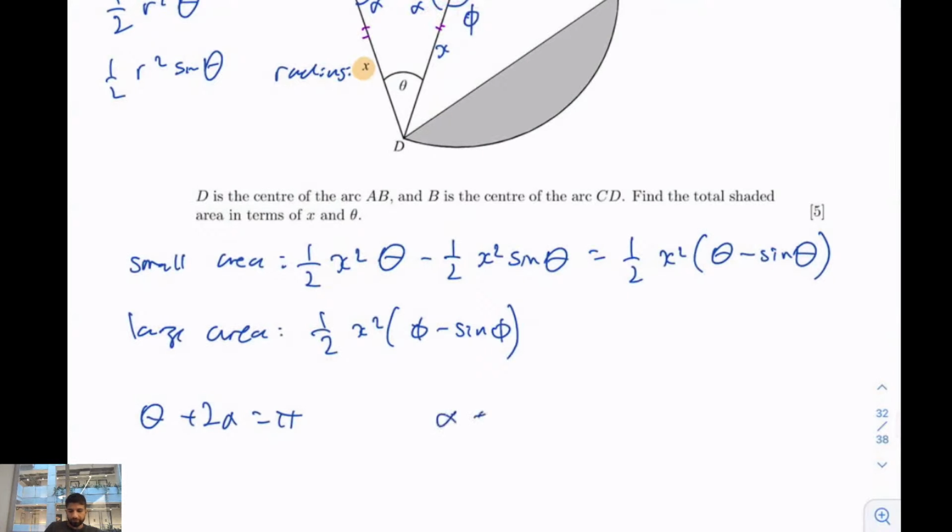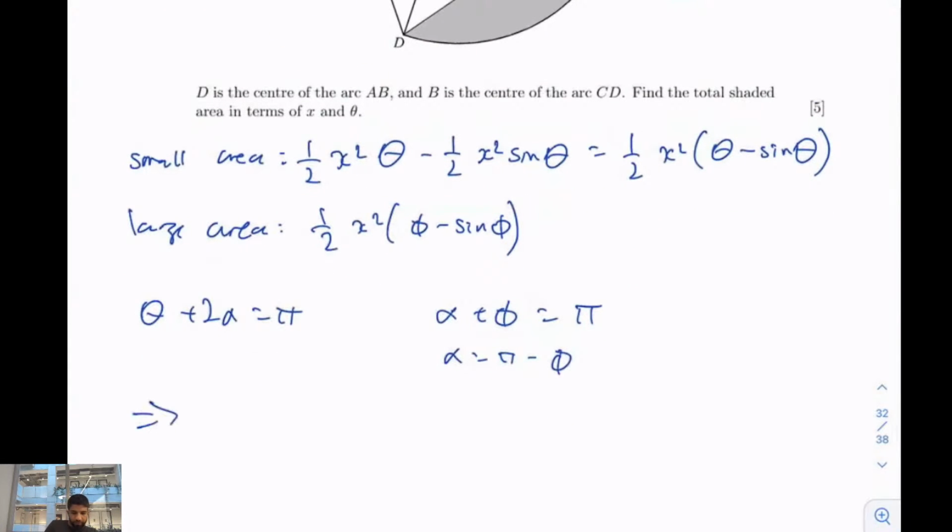So alpha plus phi is equal to pi. So now there is an indirect relation between phi and theta. We can eliminate alpha because alpha is pi minus phi there. So we can substitute it in there.